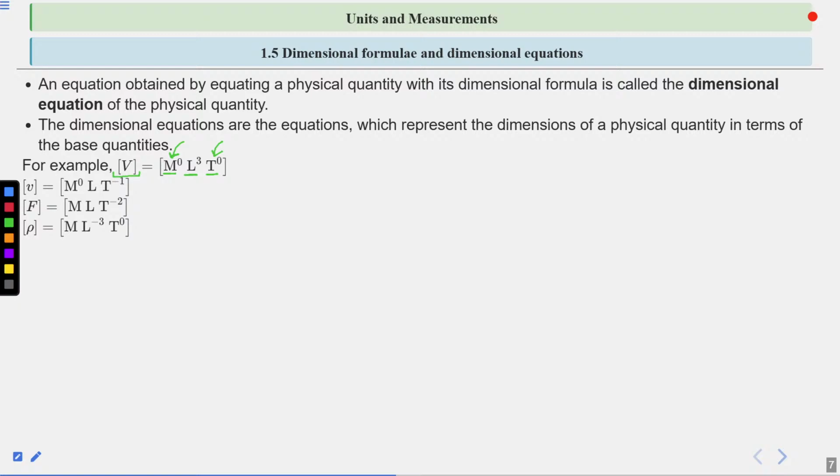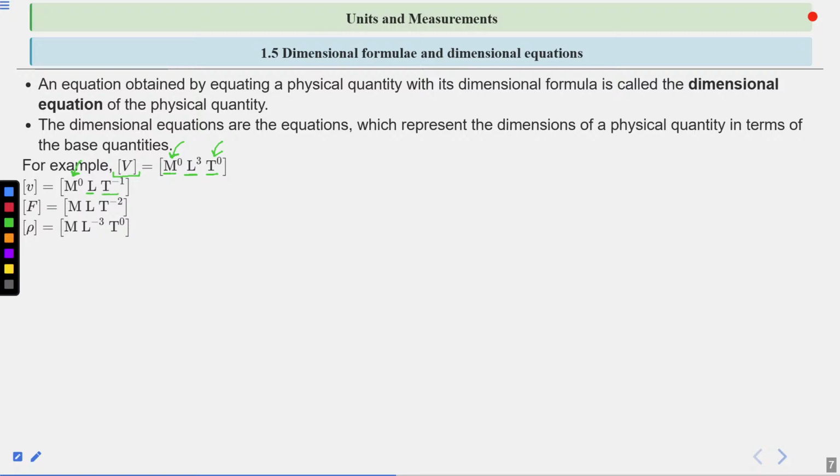Now if we talk about the velocity, velocity is distance upon time. So here velocity is independent of mass, so M^0. The dimensional formula of distance is L, and the dimensional formula of 1 by t is t inverse.